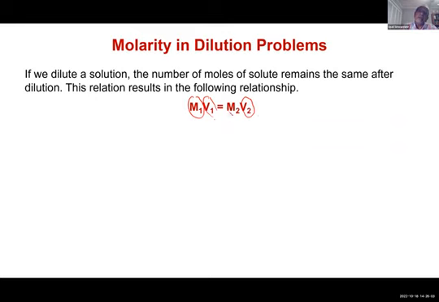So you come up with a new molarity. When you add water to produce V2, the second volume, the molarity changes, because molarity times volume is a constant. So this is used in dilution problems.